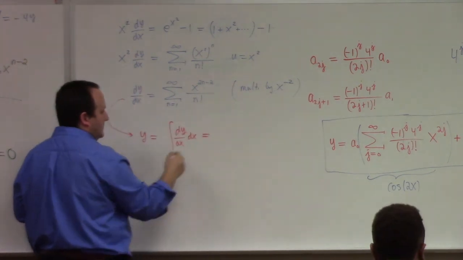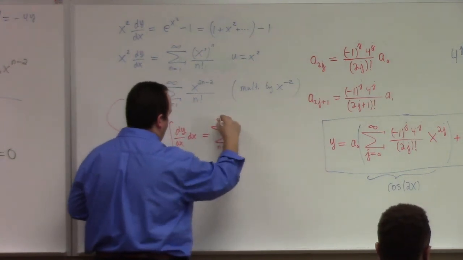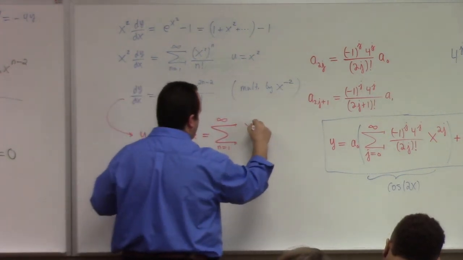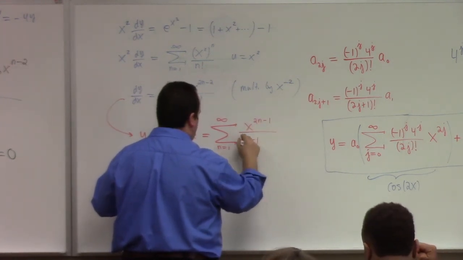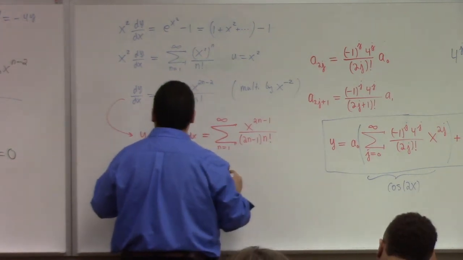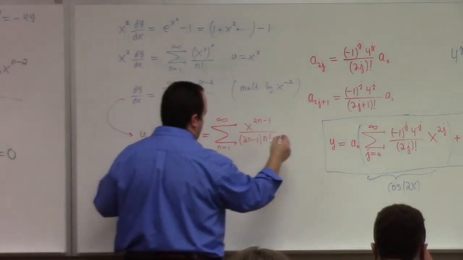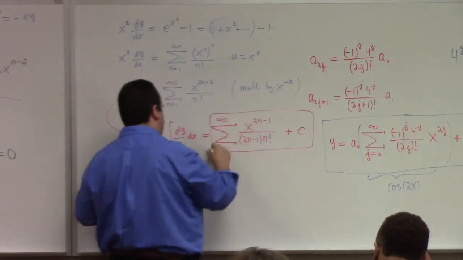So integrate term by term, what do you get? x to the 2n minus 1 over 2n minus 1 times n factorial, right? And then you can add a constant because it's an integration, but there you go. That would be the answer for this question.